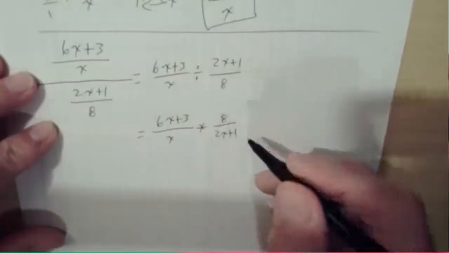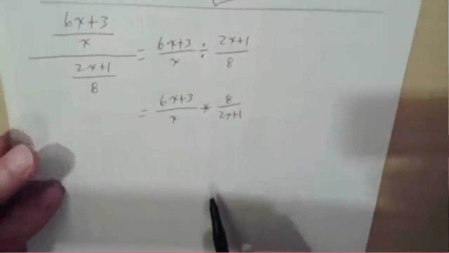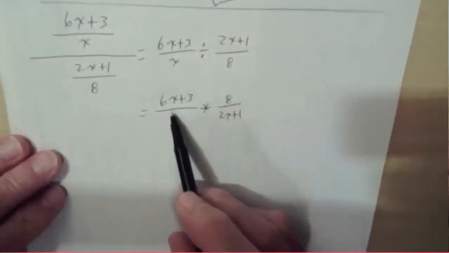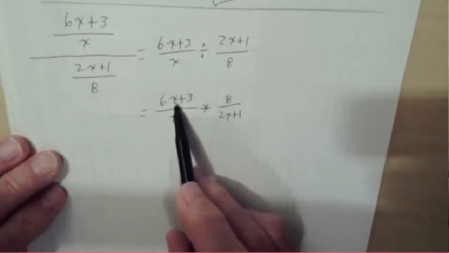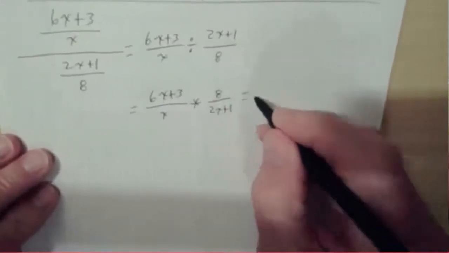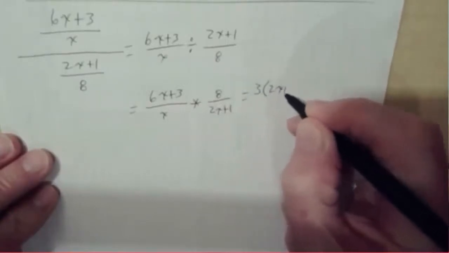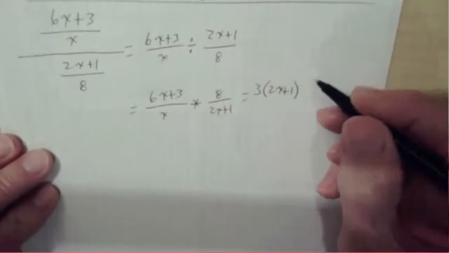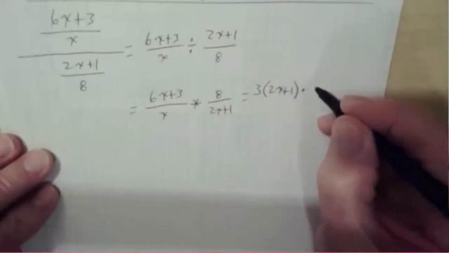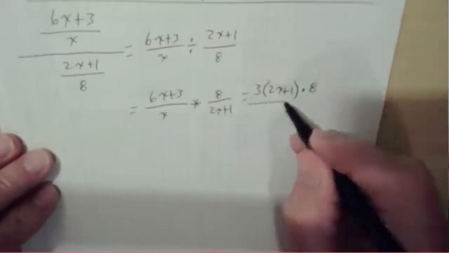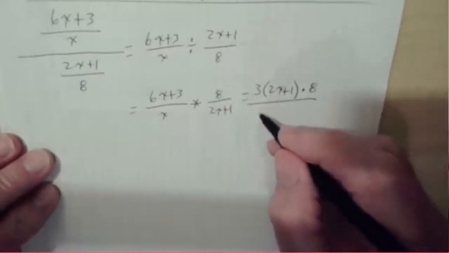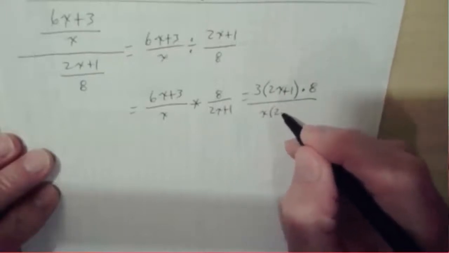Now, what can we do here? We can factor the numerator into 3 times 2x plus 1, times 8 over x times 2x plus 1 closed.